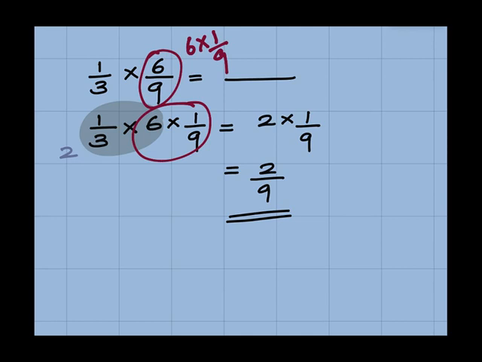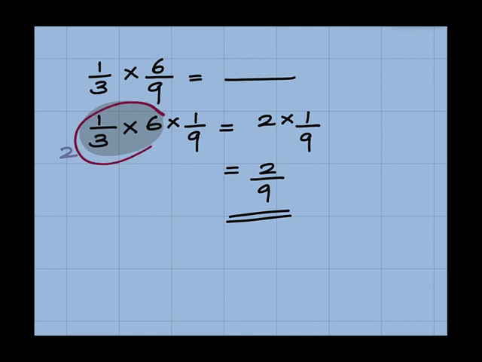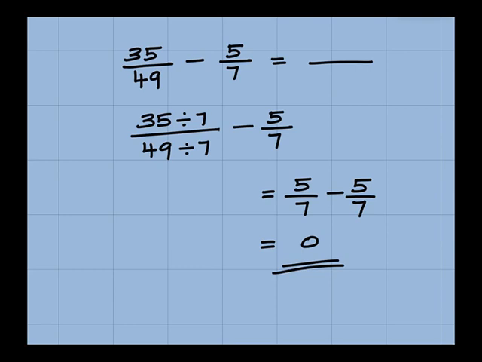So 6 divided by 3 is 2, and that is how I get this 2. Then I wrote the fraction and multiplied it. So I get 2/9. In this problem, it's a bigger number.